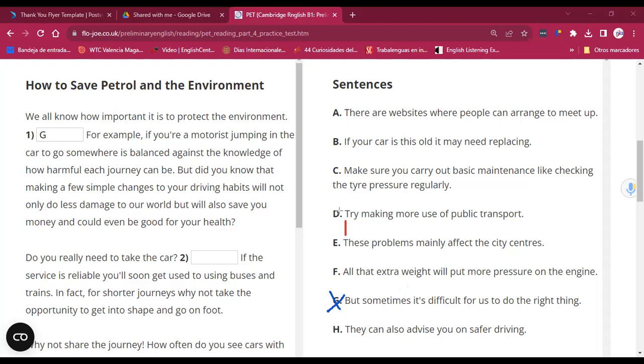Letter A. Okay, let's see which one gets more votes. Dayanis, which one do you think it is?